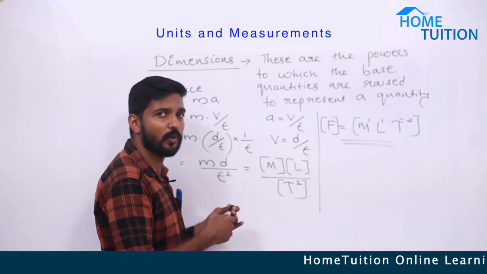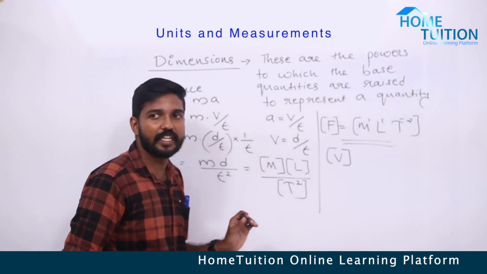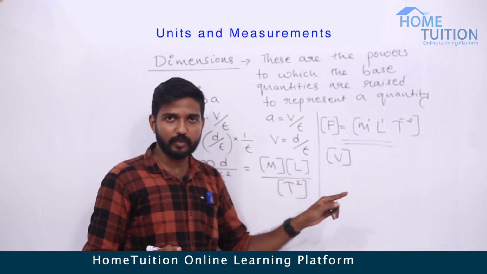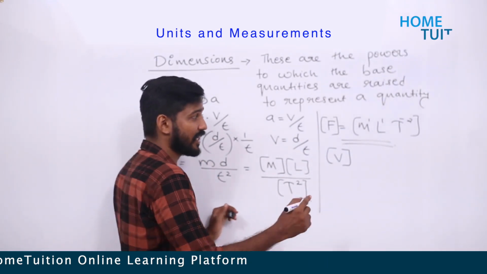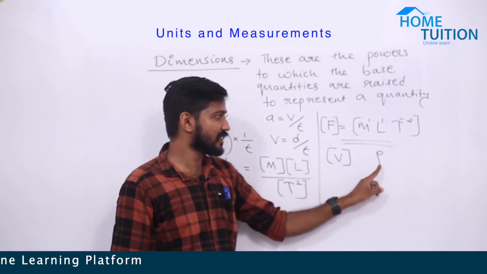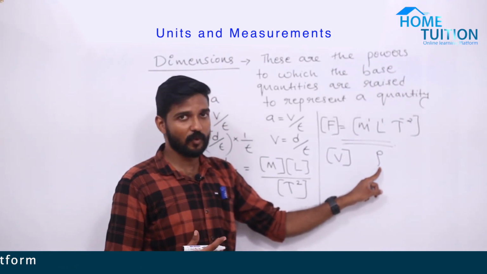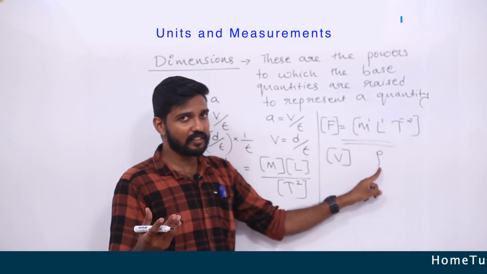Suppose V is volume, then this represents the dimensional equation of volume. Clear? Suppose we have to represent the dimensional equation of density. Density is represented as rho. This symbol is new for you. There are so many symbols like this: rho, theta, eta, or something like that. We will learn that later.